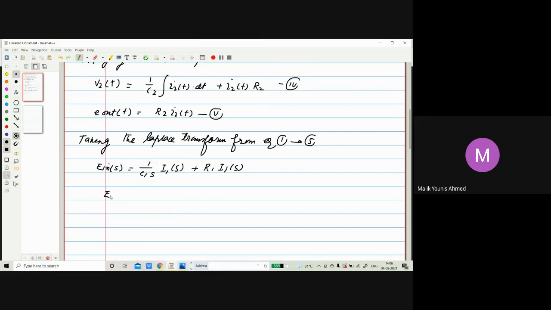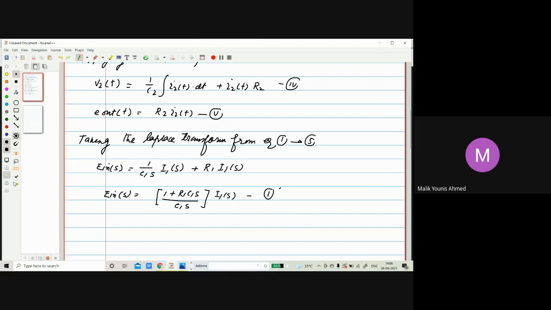So E in of s can be written as, we'll take the I1 of s common, and we can write (1 plus R1 C1 s) divided by C1 s, and we will multiply this by I1 of s. That's the equation 1 dash, we call it this equation.